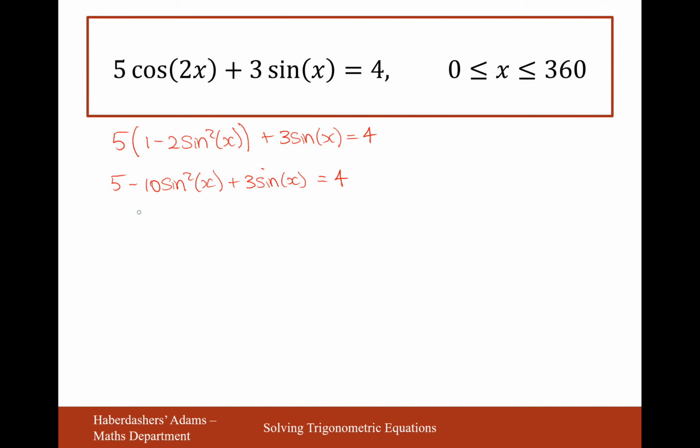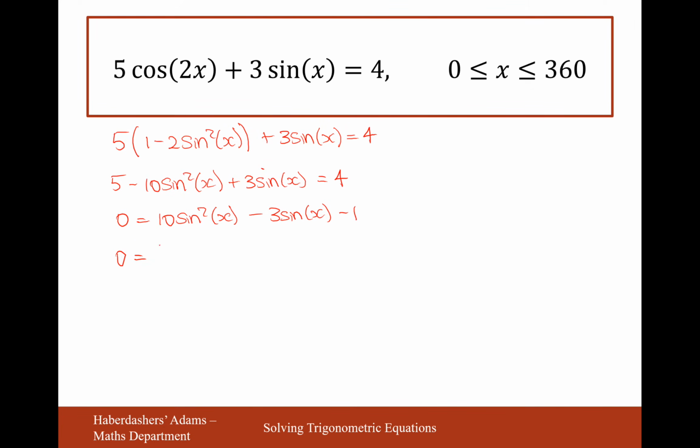equals 4. Move everything onto the right hand side and you get 10 sine squared x minus 3 sine x, and then it's going to be minus 1 on the right hand side because I have to take away the 5 from the 4. Let's now see what I can do with factorising this.